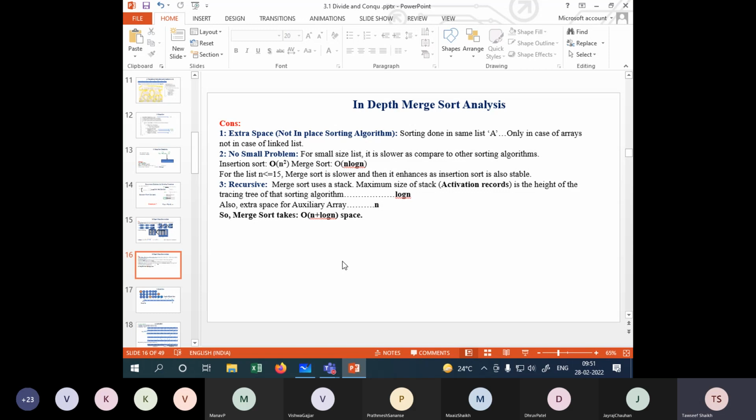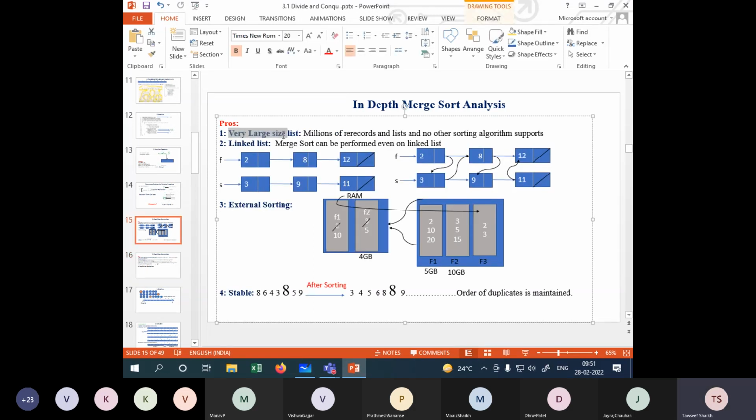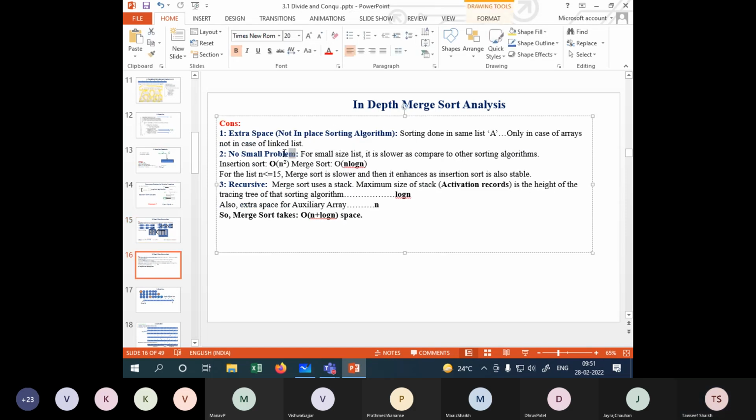Merge sort has less performance when the size of the data to sort is small. So for a small number of elements, merge sort is not a good choice. That's why I said when discussing its benefits that it is the only sorting algorithm which can sort millions of data elements at a single time. But for small data size, it is not a good choice as its performance degrades.